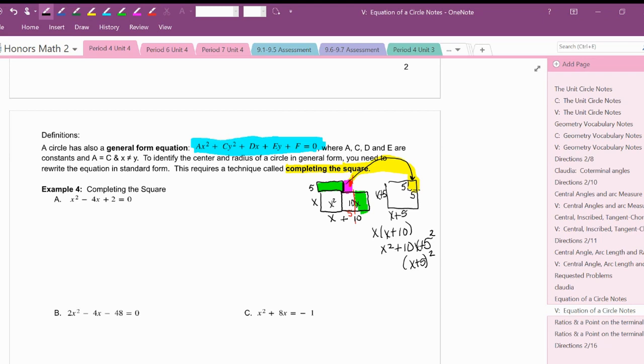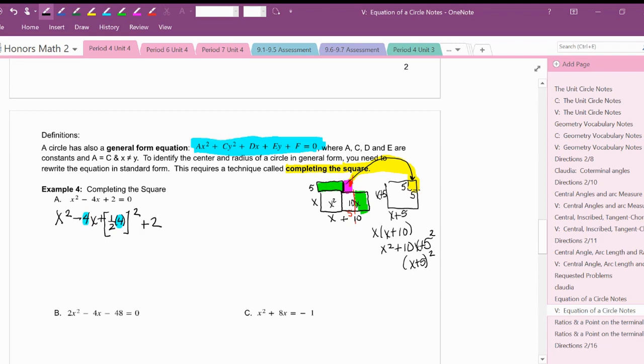So now let's do that algebraically. So what we do is we take half of this 4. So I have x squared minus 4x, and I add half of that linear term squared, just like I cut the 10 in half and then squared it.